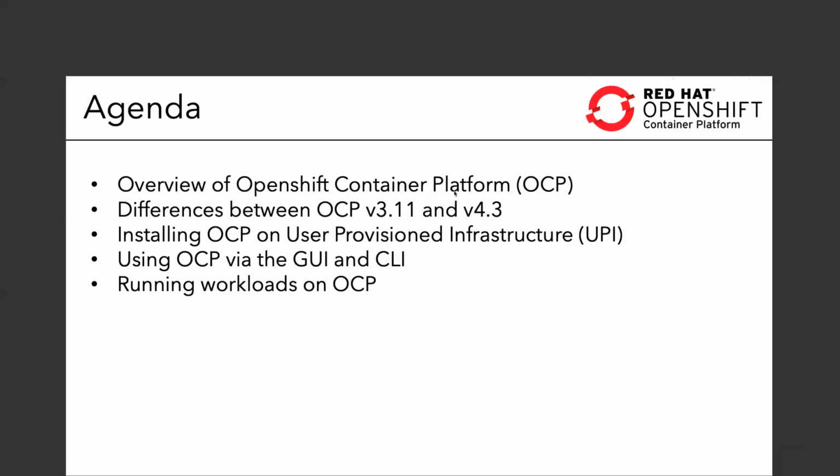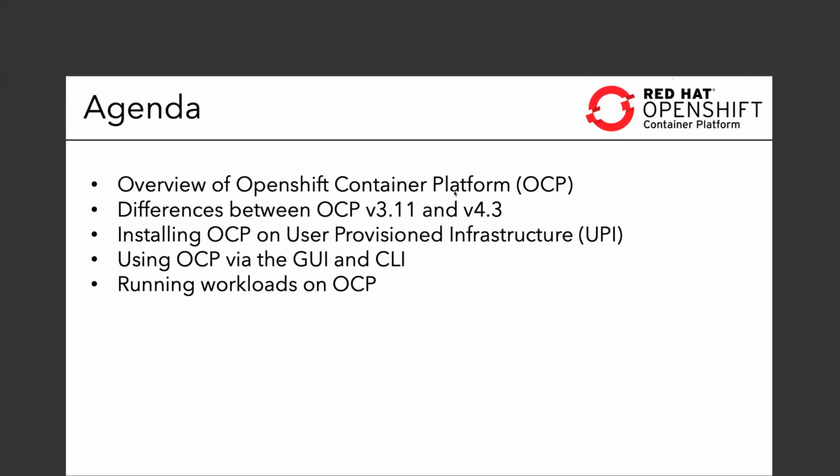So this is the agenda that I'm going to run through today. I'm going to run through what is OCP, what is OpenShift Container Platform from a very high level, just to make sure everybody's on the same sheet. Then the differences between version 3.11 and version 4, and there's lots of differences, but I'm going to go through the core differences, especially the ones that affect us within the IBM Power world and the architecture side.